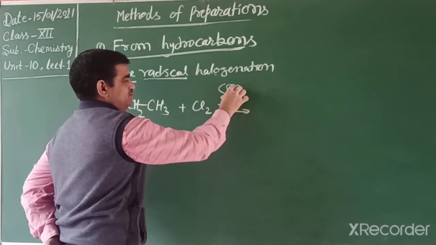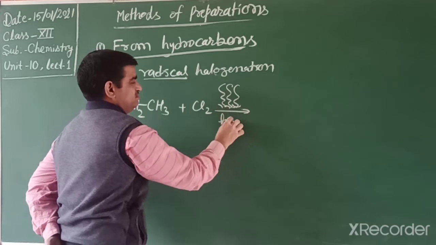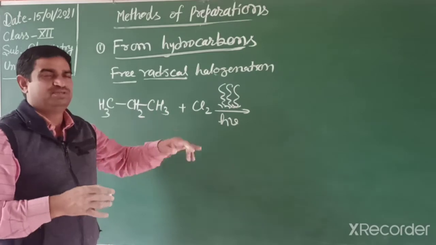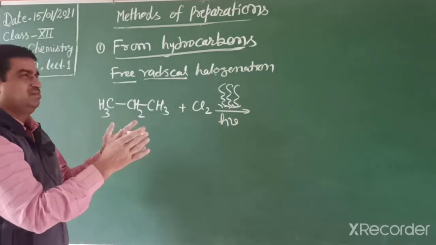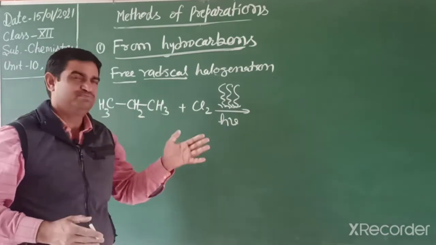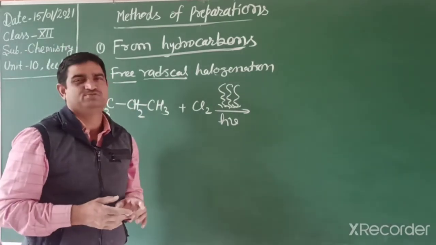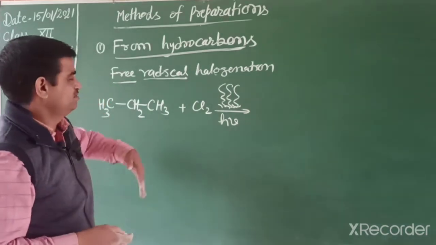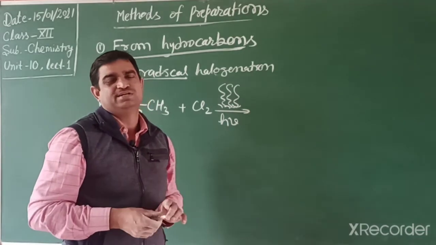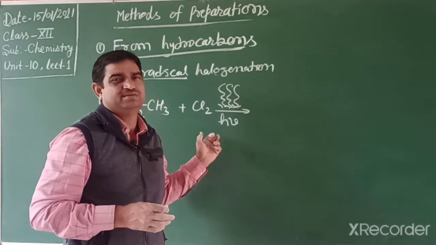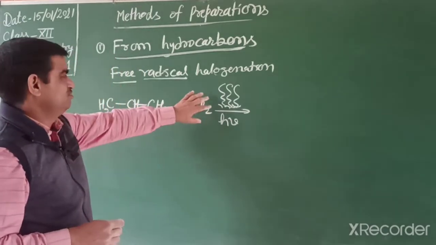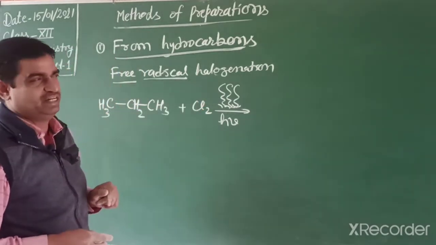In presence of sunlight, first free radical formation occurs, then the free radical attacks the hydrocarbon, removes hydrogen and forms a new free radical. This reaction occurs in 3 steps: first chain initiation, then propagation and termination. You studied this earlier in 11th class in detail, so no need to write the mechanism here.